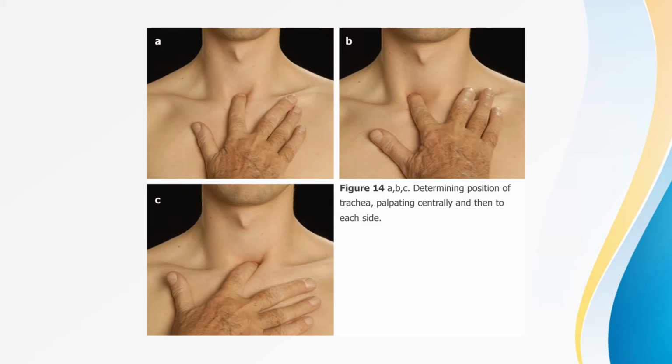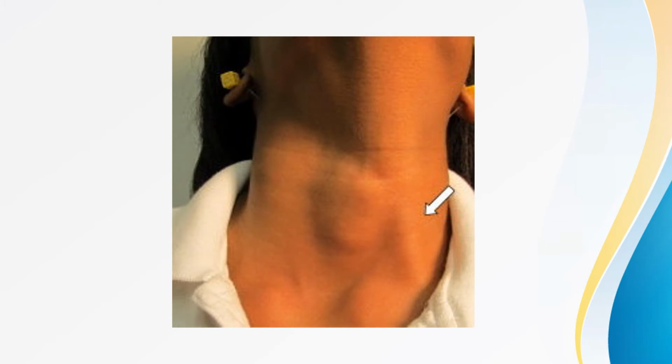So this is how you can perform the tracheal deviation assessment. Determine the position of the trachea by palpating at the center, then to each side, to the left and to the right side of the patient. So this is an example of a deviated trachea, as we can see in this patient.